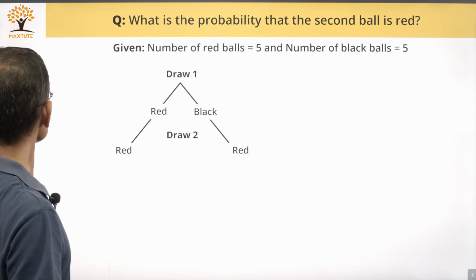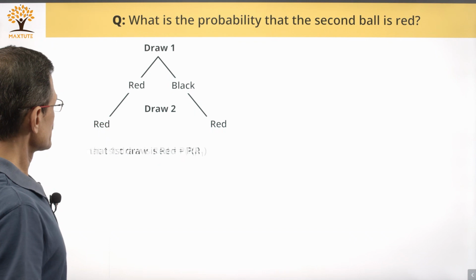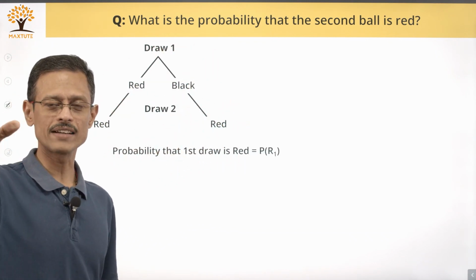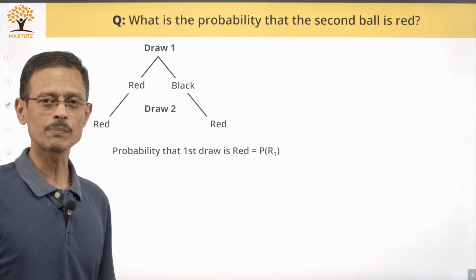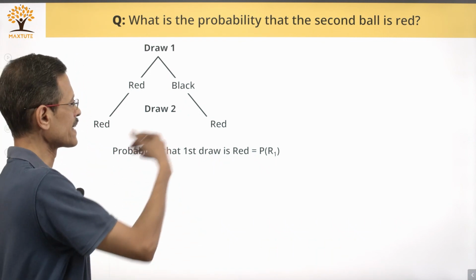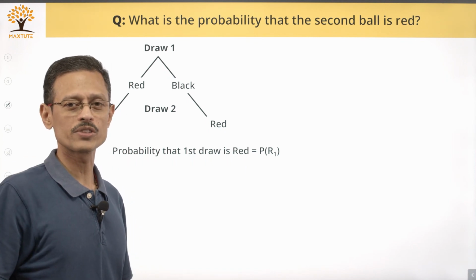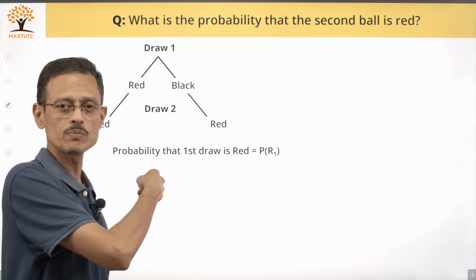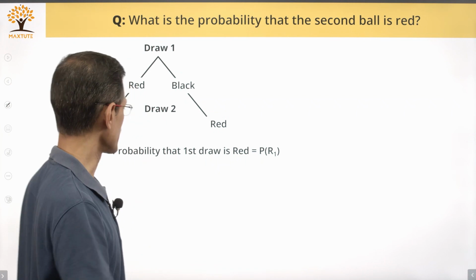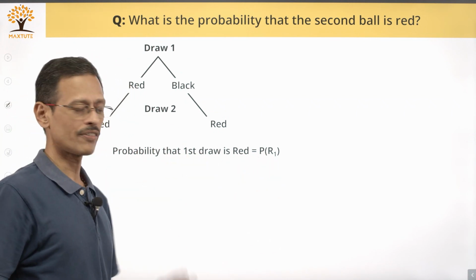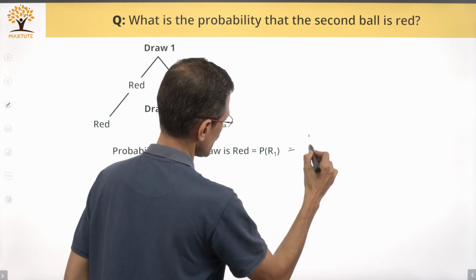Now, I'll take you to this slide where you're going to be using the steps. First step, they're going to say, draw this diagram on the right hand side of your question answer paper. So, that's your rough work, right? If the examiner sees it, a lot of these teachers know this is a good way to approach it, they might even give you marks for it, but let's be absolutely sure that they're using Bayes theorem, right? Probability that the first draw is red, we're giving it a denotation called P of R1, that is equal to half.